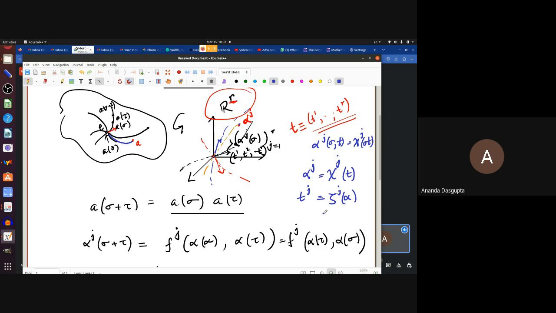So if you give me alpha 1, alpha 2, alpha r, I should be able to find T1, T2, Tr, which ensures that the one parameter subgroup which has T1, T2, Tr as a tangent at the origin will actually go through alpha 1, alpha 2, alpha r at sigma equal to 1.